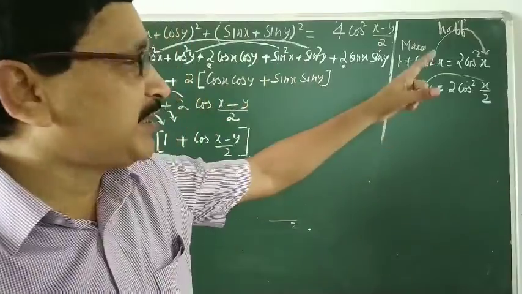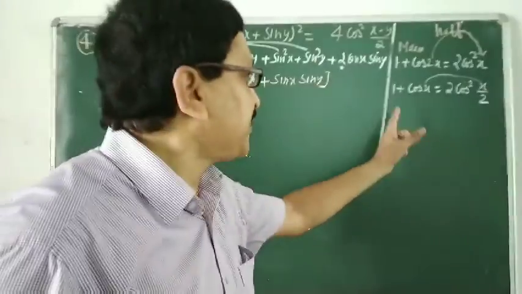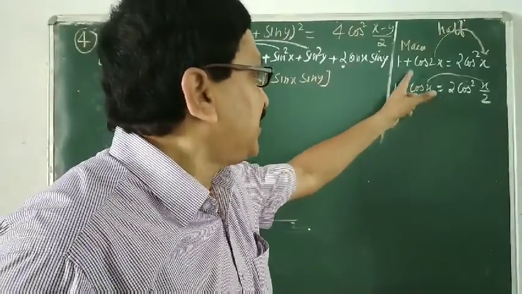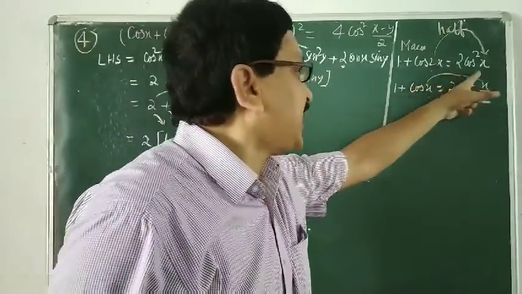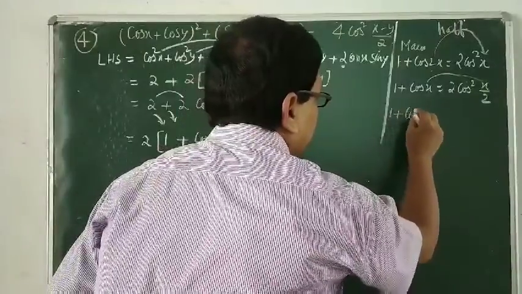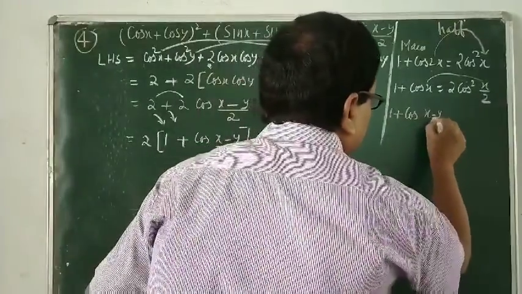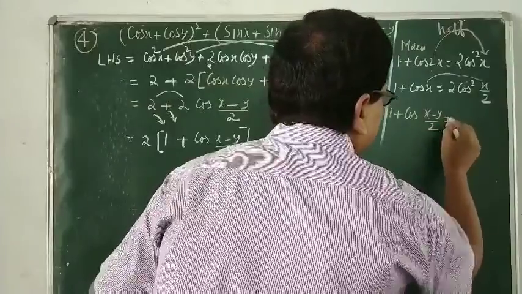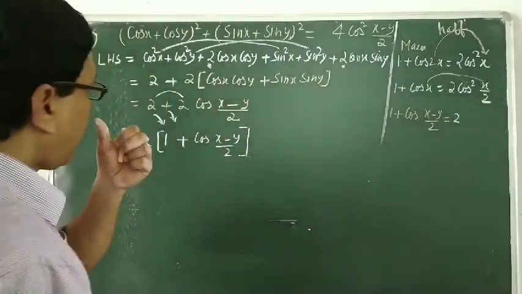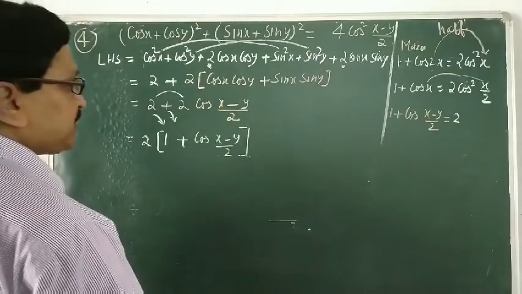I will teach you this formula in the future when multiple angles are started. Now just take it as granted. After 2x becomes x, 1 plus cos x minus y by 2. At the same time, this 2 remains 2. Sorry students, here is a mistake.